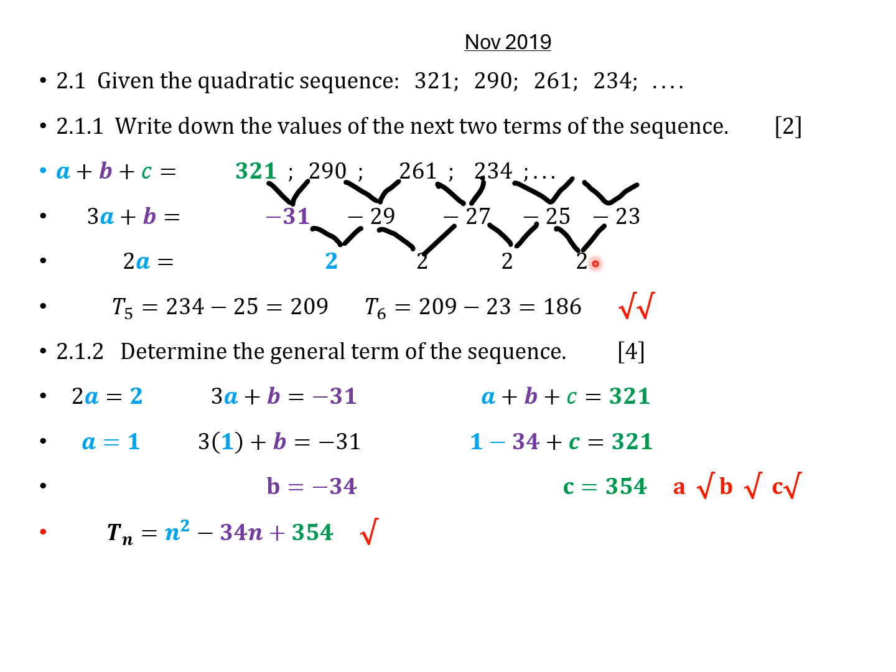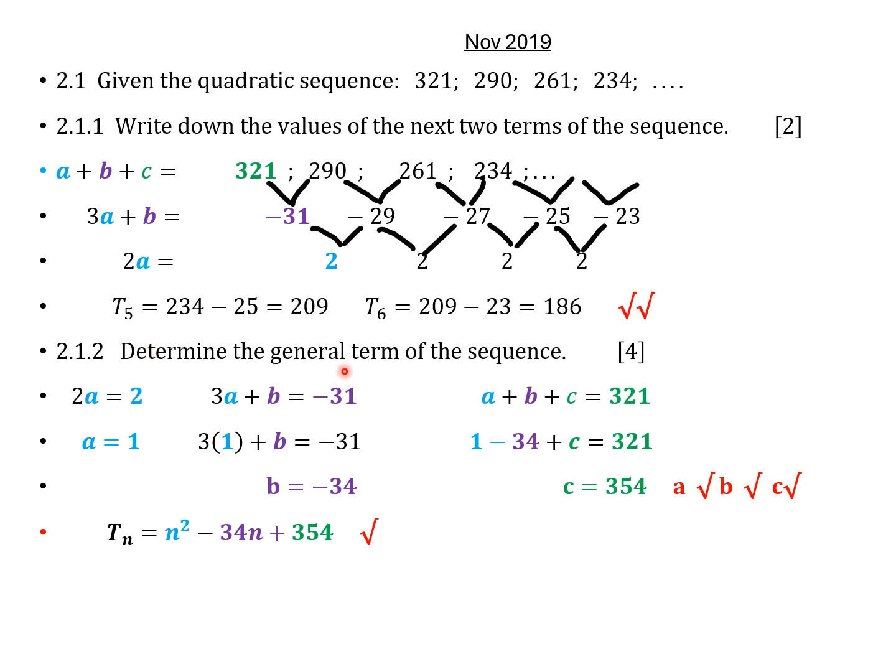My constant second difference is 2. So if I continue, -27 plus 2 gives me -25, and -25 plus 2 gives -23. So 234 minus 25 is 209, and 209 minus 23 gives me 186. 1 mark for each one.